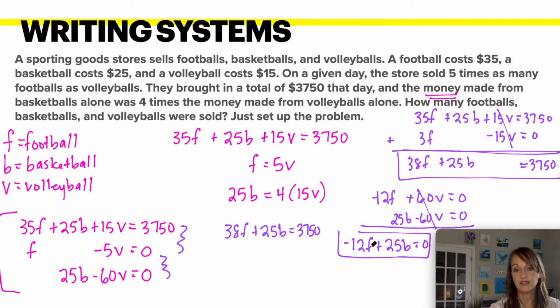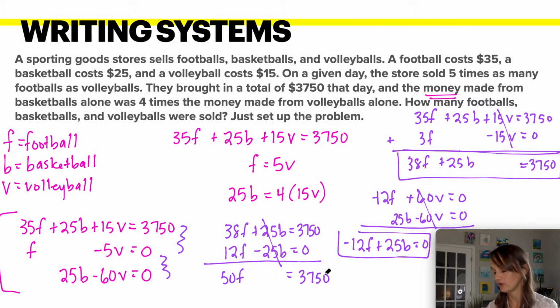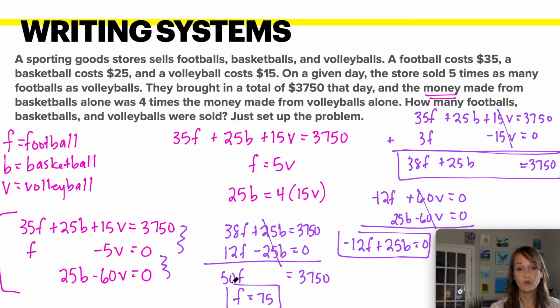I'm going to multiply this by a negative 1. So I'll get 12F minus 25B equals 0. When I add these equations together, I will get 50F is equal to 3750. So 3750 divided by 50 gives me 75 footballs. We now know one of them.